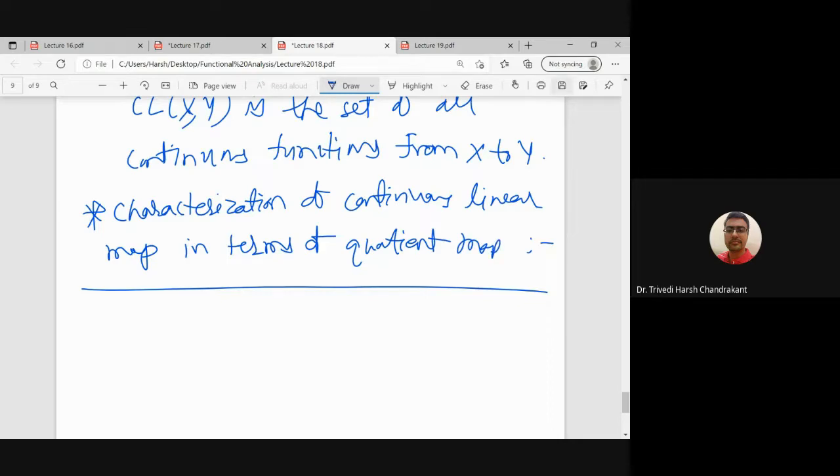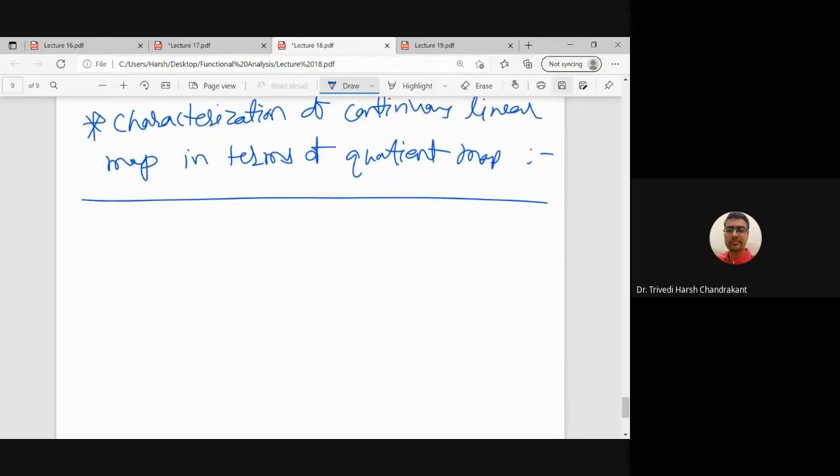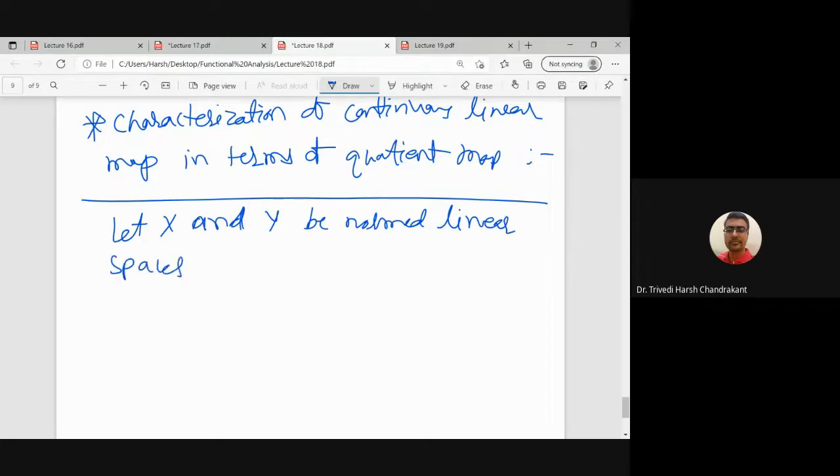So far we have discussed only quotient space. Now what is a quotient map? Let us start with x and y being normed linear spaces, and f from x to y a linear function.